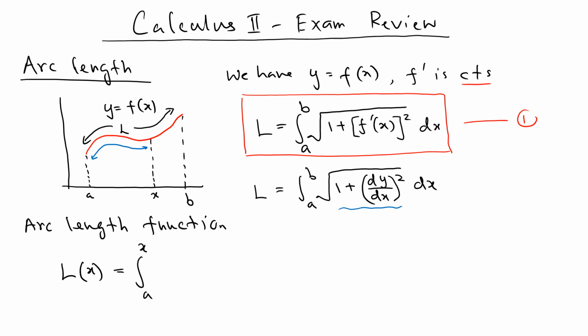A is the starting value, the x coordinate of the point. So the actual point is whatever a, and then you have the value here, which is y evaluated at a. We don't worry about that, we only worry about the starting value because only the x value matters, because this is an integral with respect to x.